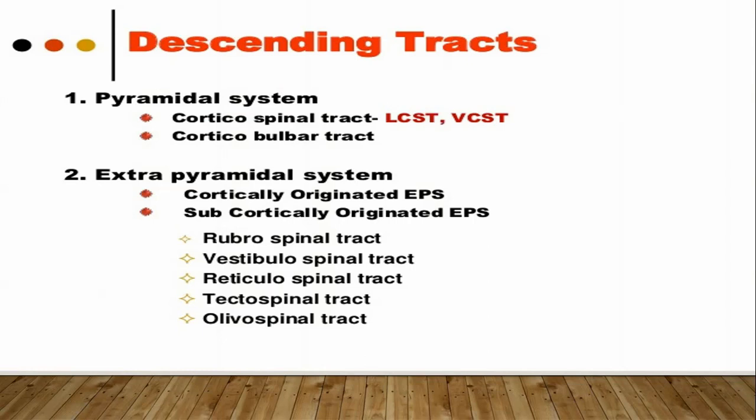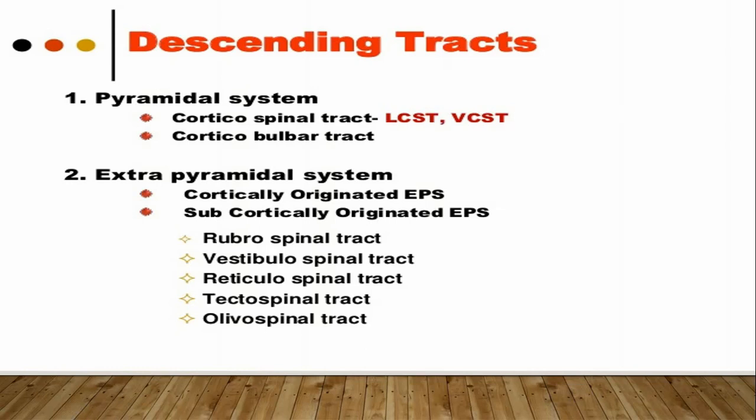Regarding the descending tracts, this is the traditional way of classification, but it is not used nowadays, and it is problematic to discuss pyramidal and extrapyramidal.